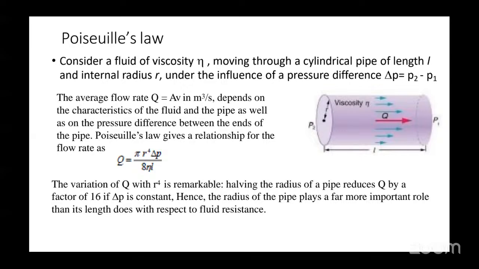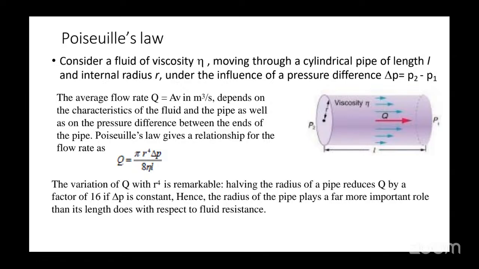Consider a fluid of viscosity moving through a cylindrical pipe of length L and internal radius R under the influence of a pressure difference. The average flow rate, according to Poiseuille's law, is equal to pi R^4 change in pressure over 8 eta L, where eta is for viscosity and L for the length of the pipe.